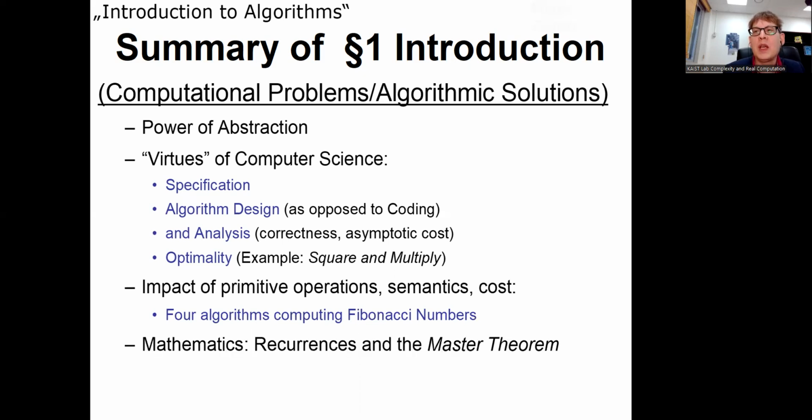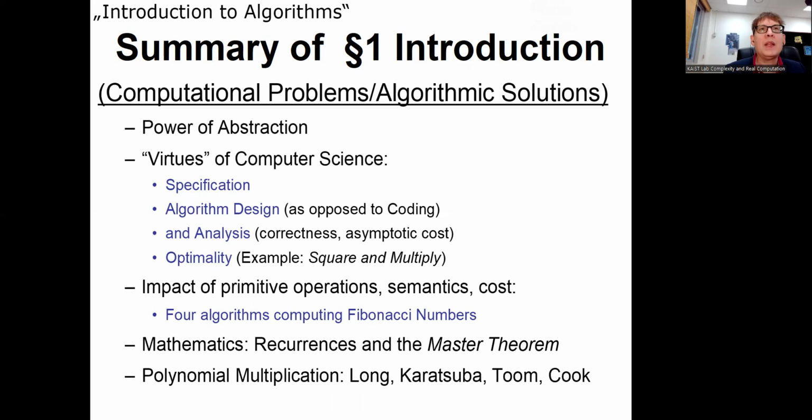Then we'll have a recap of mathematical recurrences, which all occur in the analysis of recursive algorithms, and their asymptotic solution according to the master theorem, which hopefully you have learned about or are encouraged to look up from your discrete mathematics class. We will apply these recurrences and their asymptotic solutions to various algorithms solving polynomial multiplication.